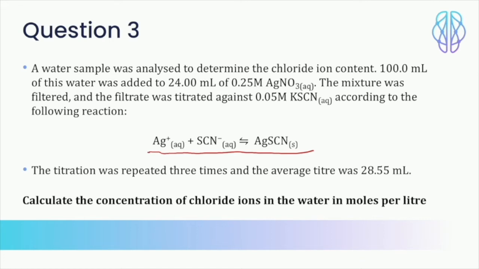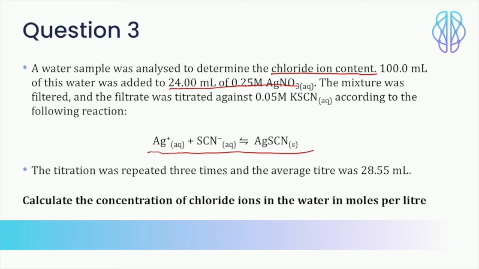You're actually looking at the chloride ion content in the water, my bad. Should have clarified that. And thus you add 24 milliliters of this 0.25 molar silver nitrate in excess. So you've added too much to find the exact chloride ion content.